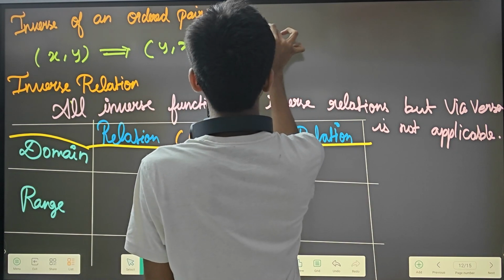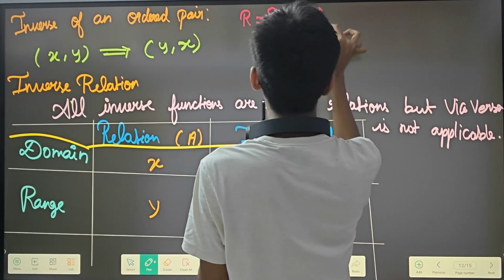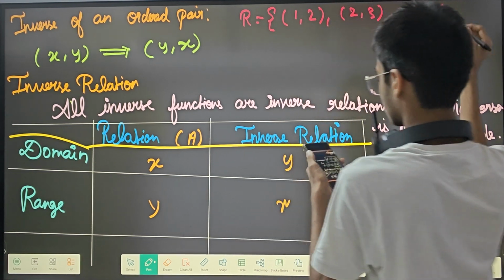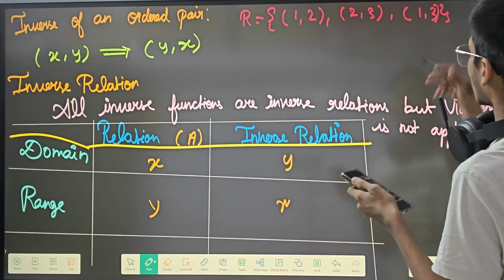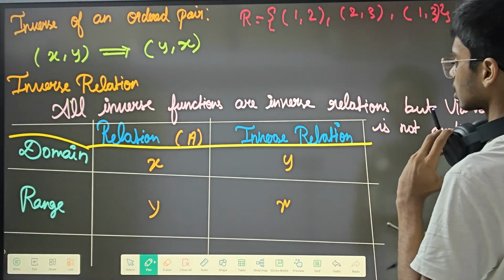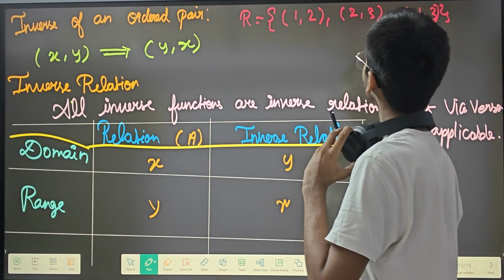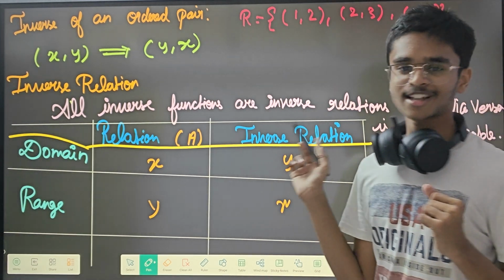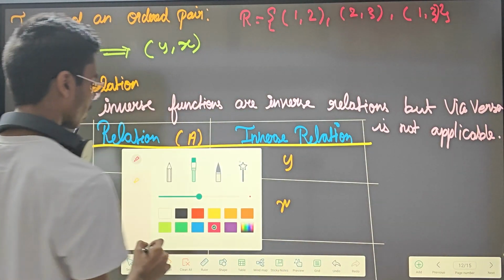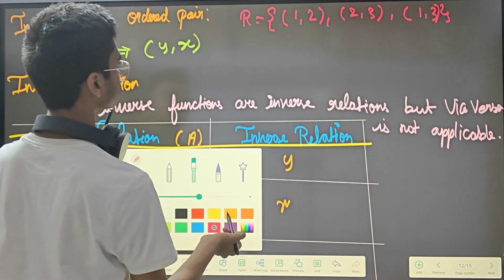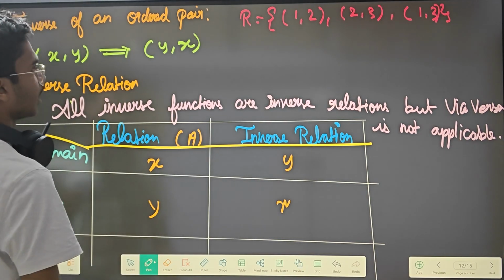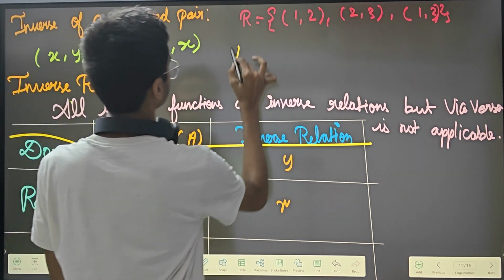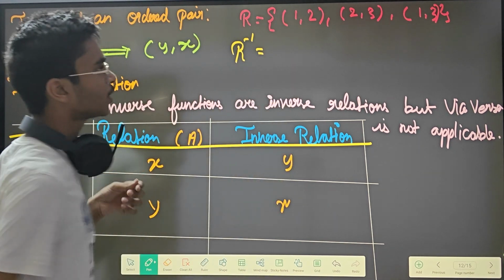Where the relation is given like (1, 2), (2, 3), (1, 3). This is a transitive relation, but we are not going to check that. Now they are asking you to find the inverse of this relation. What do you have to do?